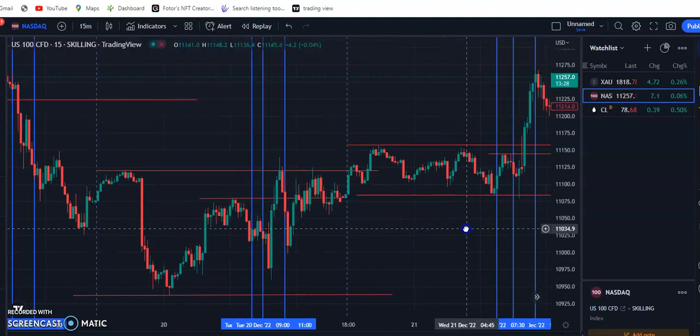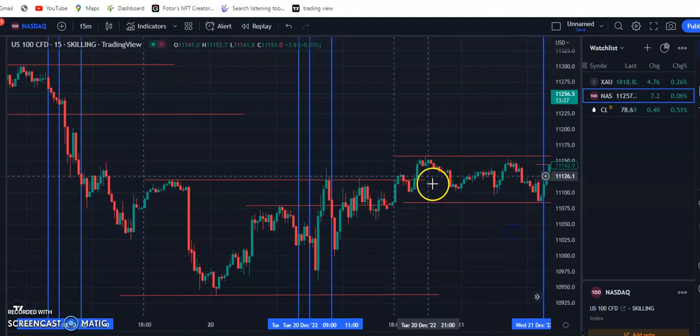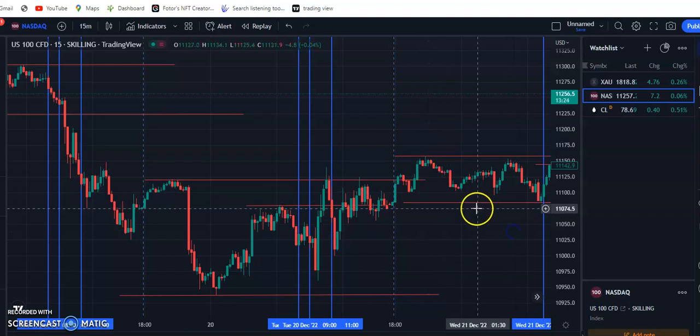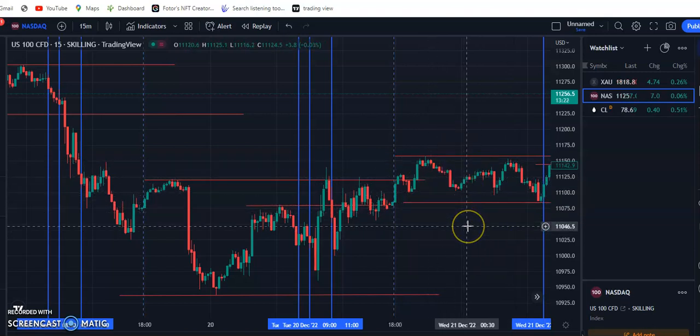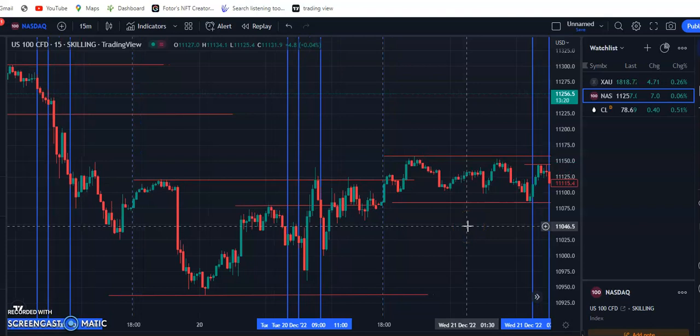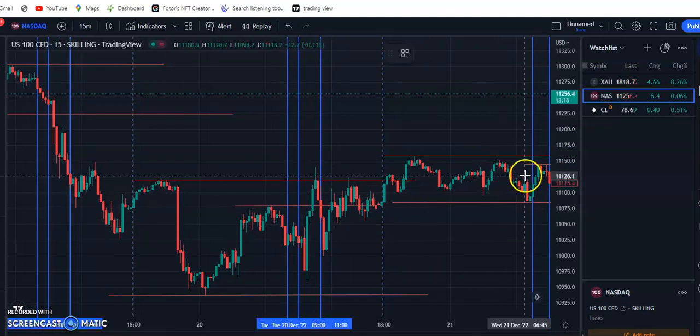When you look at Nasdaq, we have our high and our low of the day. And when you look at the first hour, you see we've broken structure here.